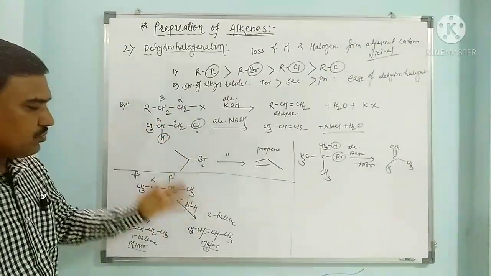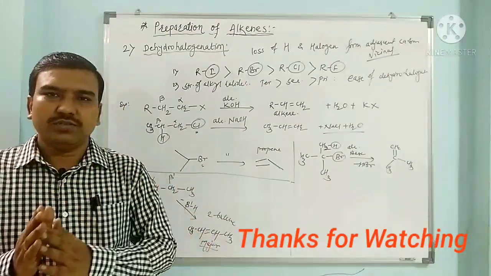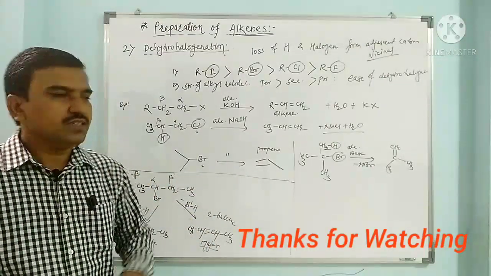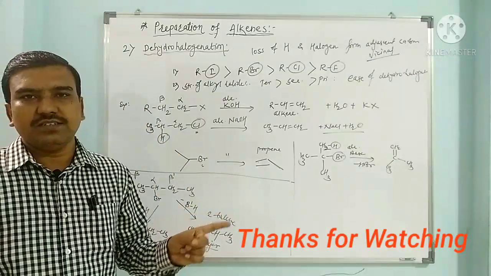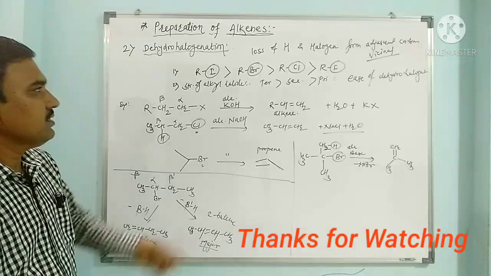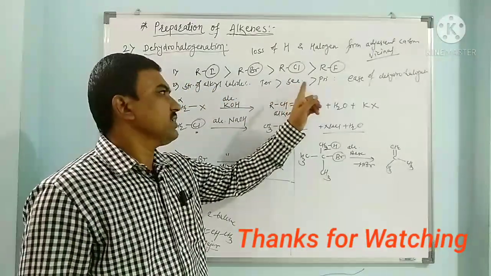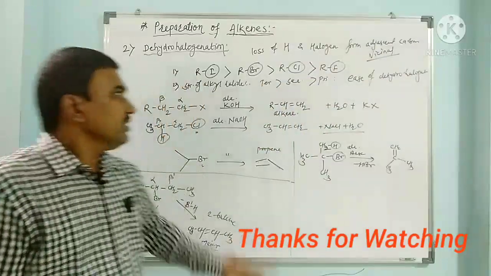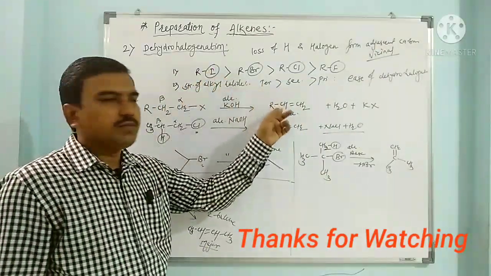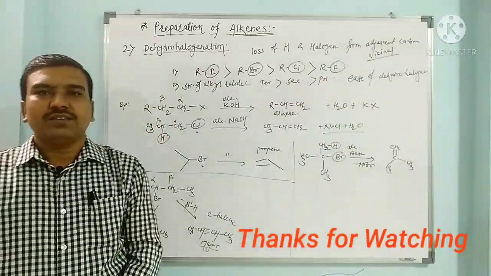But here we should know only that there is a loss of two groups, that is hydrogen and halogen, from the adjacent carbons. Hence it is called an elimination reaction and it gives alkene as a product. Here the tertiary alkyl halide has a higher rate of elimination than secondary than primary. Alkyl iodides have a higher rate of elimination than alkyl bromide, alkyl chloride and alkyl fluoride. Thank you.